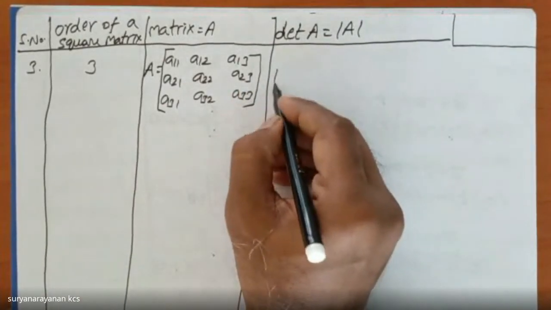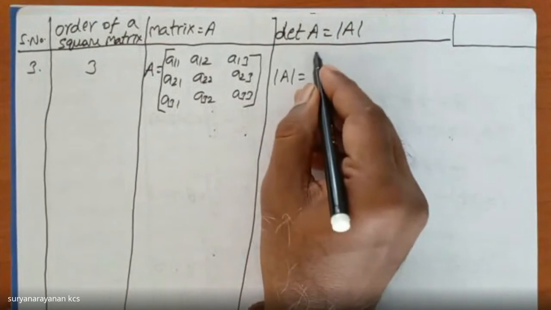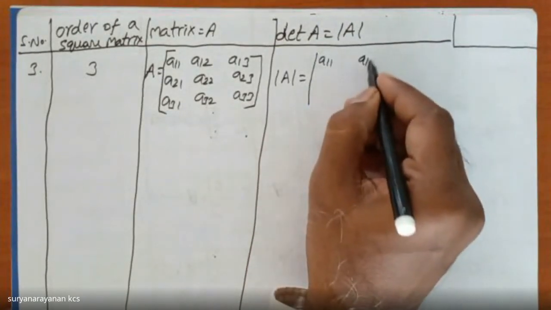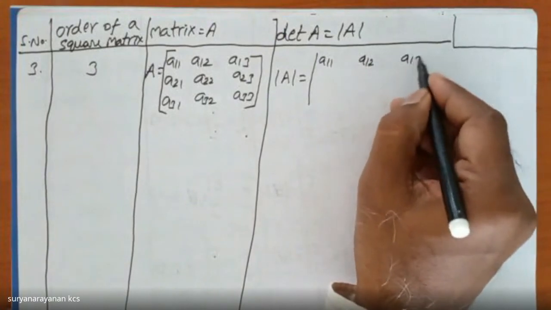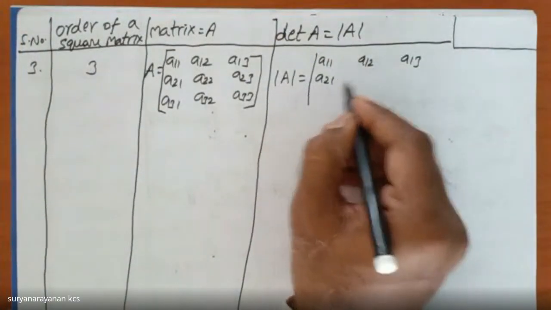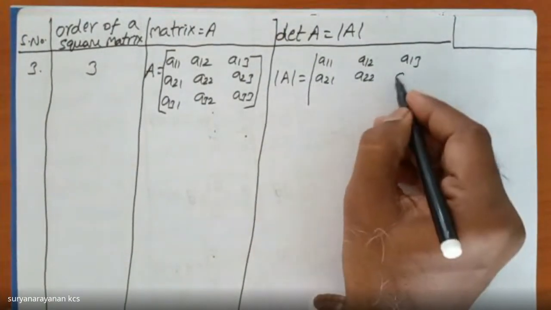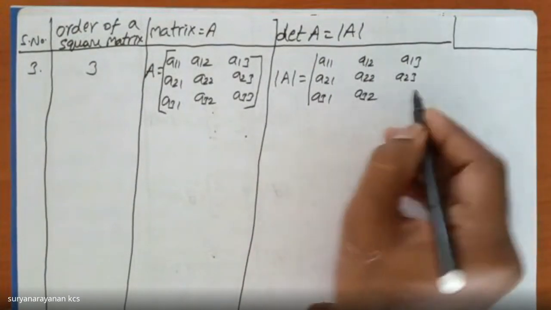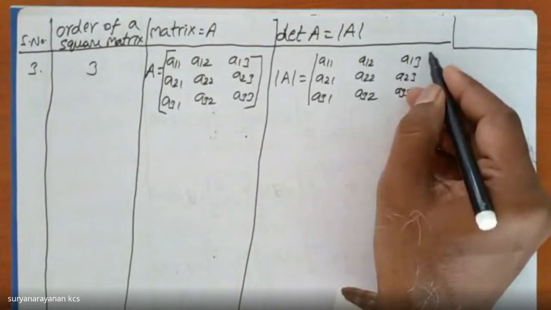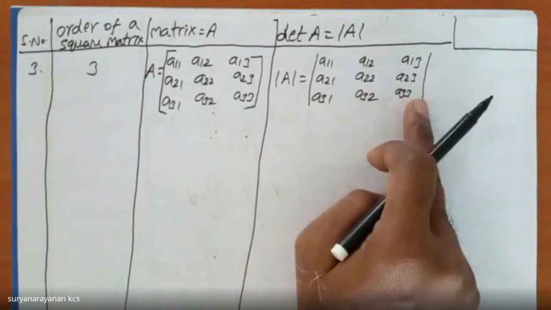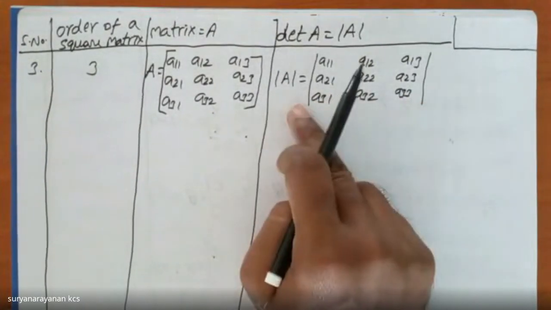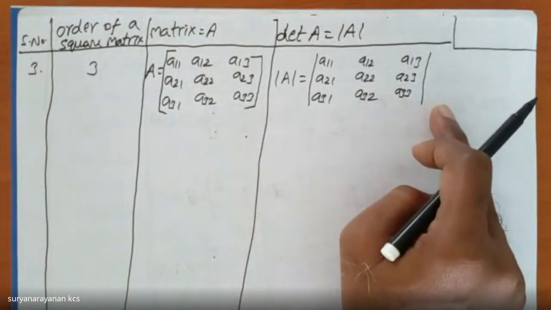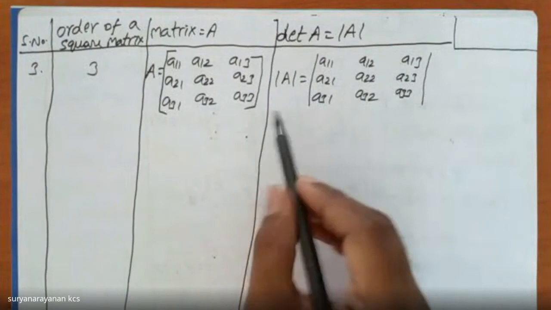Now det A is equal to det of A11, A12, A13, A21, A22, A23, A31, A32, A33. I wrote the matrix as it is, but here I did not write the square brackets. These are det brackets, that symbol. Okay. Now, how to find it?